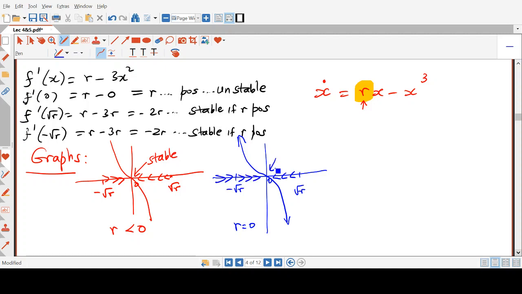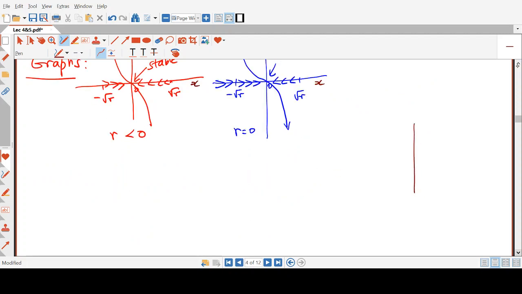So again, it's stable. Stable at 0. 0 is a fixed point no matter what happens. And then finally, this is x dot versus x.